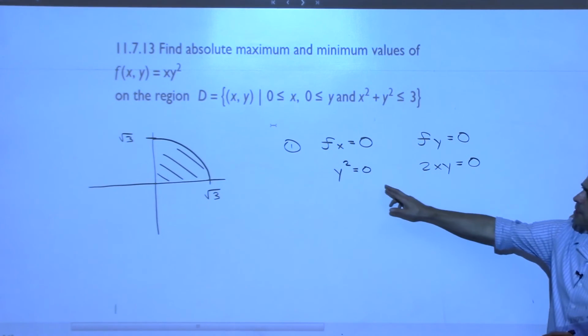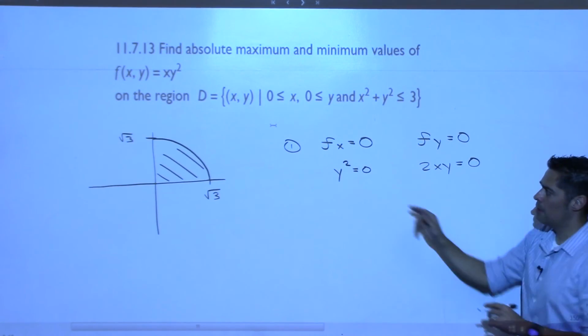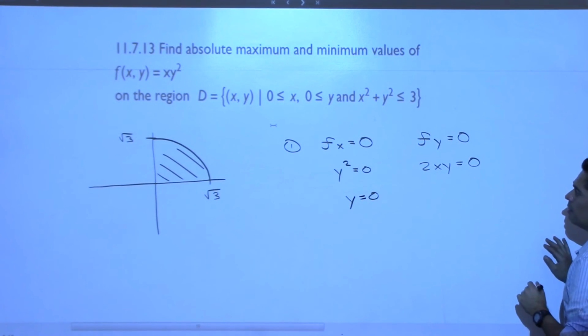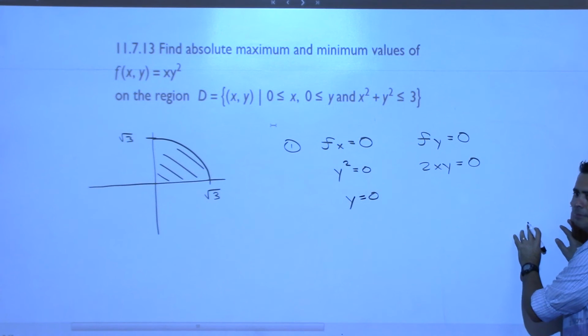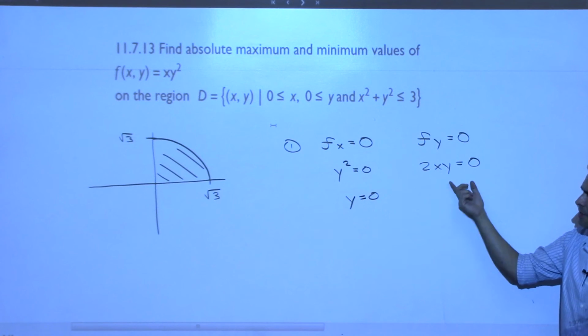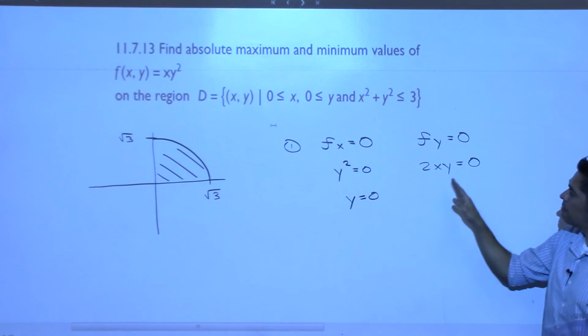Well, this already tells me that what? Y has to be 0 in order for that to be true. And over here, what does this mean? How do I make this one true? This says y has to be 0, right?